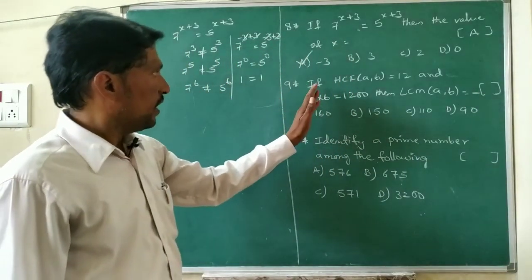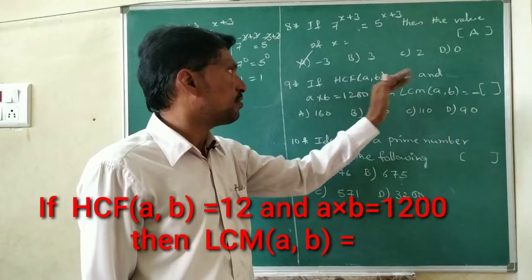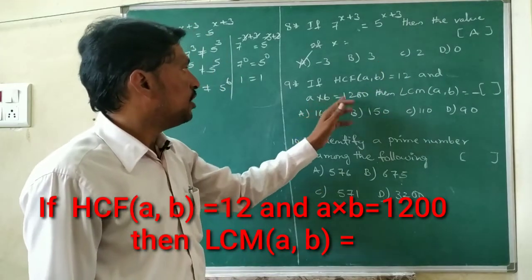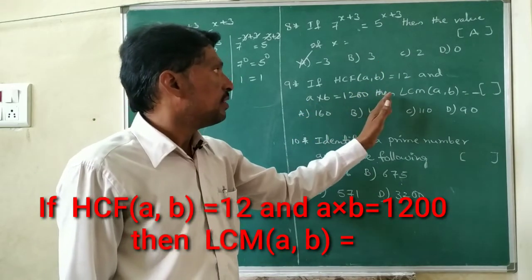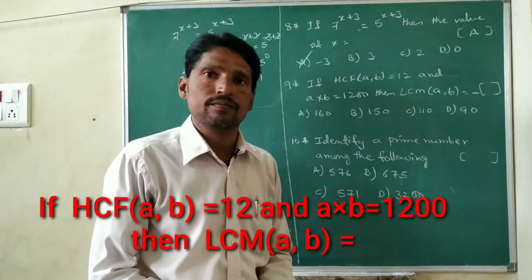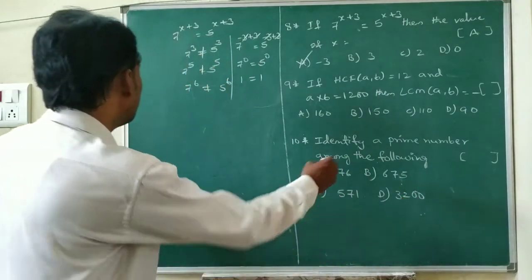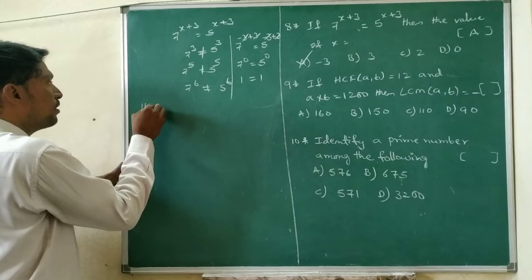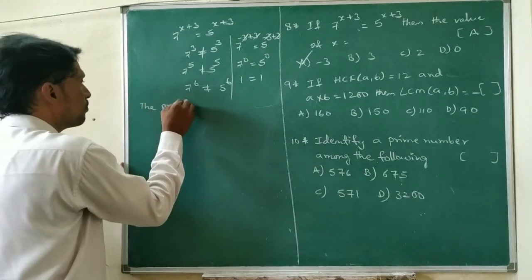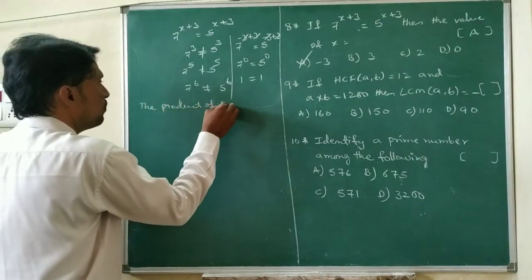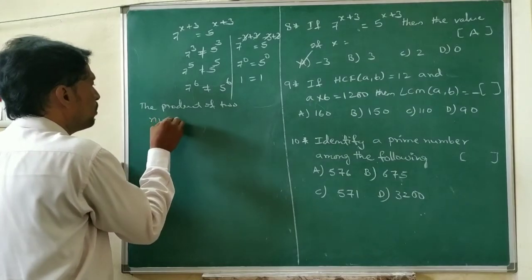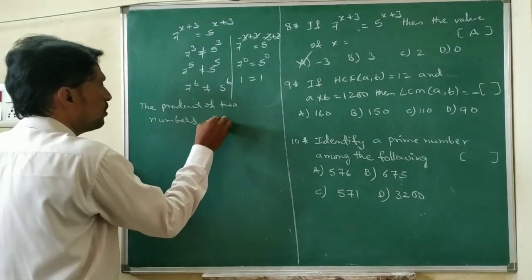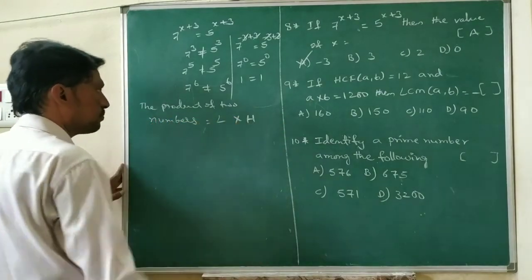Next, if HCF of a comma b is 12 and a into b is 1200, find the LCM of a comma b. We have the formula: the product of two numbers equals LCM into HCF.